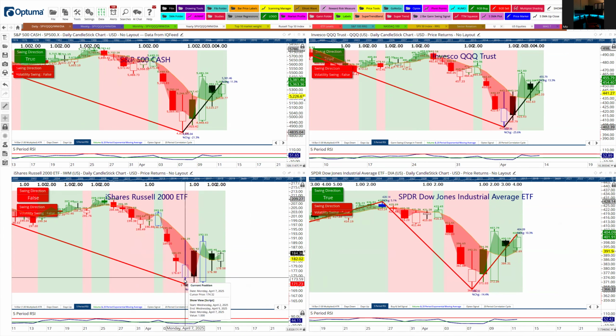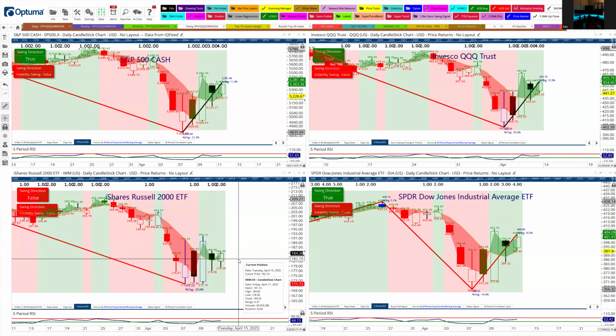Look at how the week went for small caps. Monday, outside day. Tuesday, inside day. Thursday, that was the big pop right there, outside day, then inside day. Yesterday it even closed with an inside day. This is crazy. This small cap, what to even make out of this garbage can?